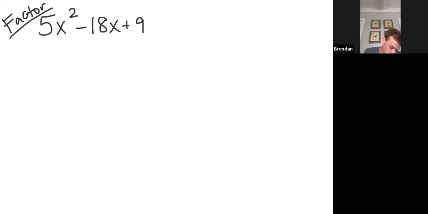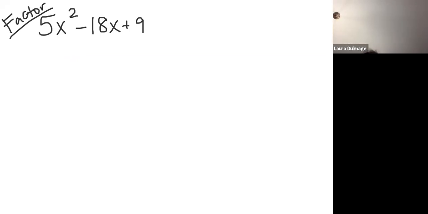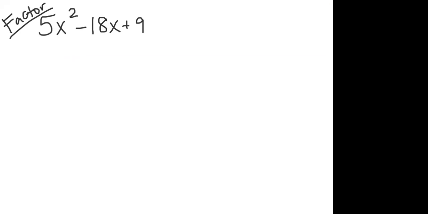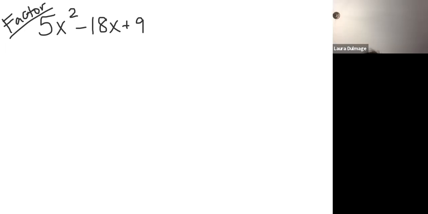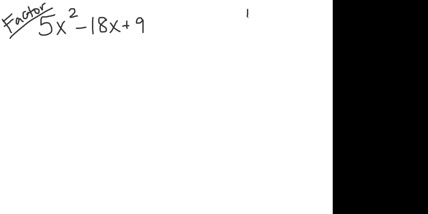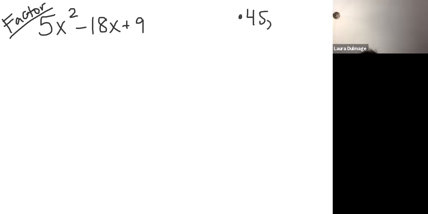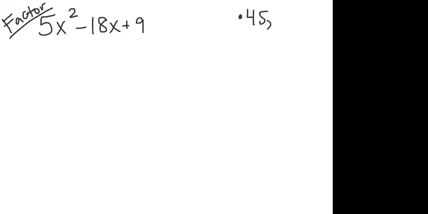Okay, I'm just gonna go down here. Michael, what's our first step here? Figure out what the first and last ones multiply to. Okay, which is? 45. So we need numbers that multiply to 45 that add up to what? Negative 18.